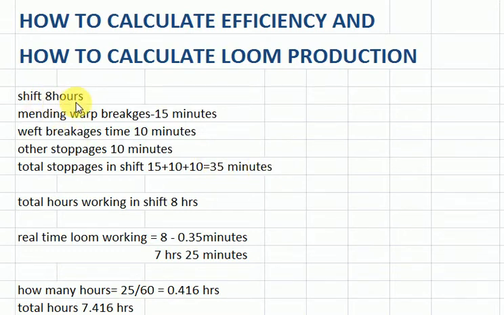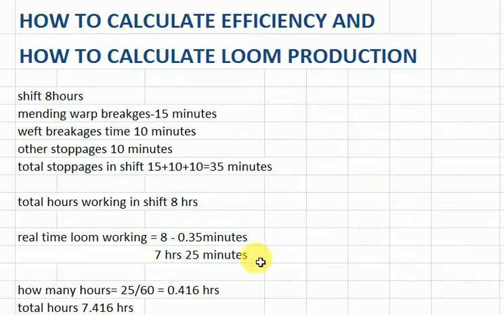So now we have to calculate the efficiency of this: 8 hours minus 35 minutes. So the real time the loom is working is 8 hours minus 35 minutes, so the real time loom working hours is 7 hours 25 minutes only.